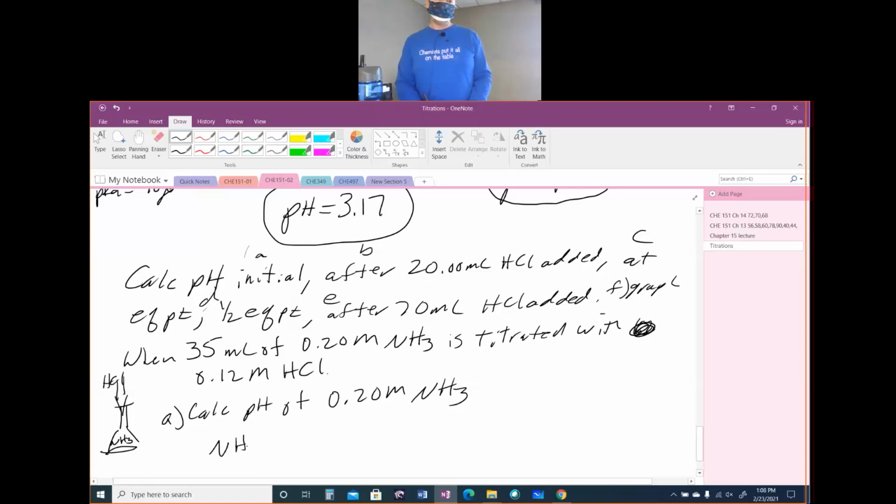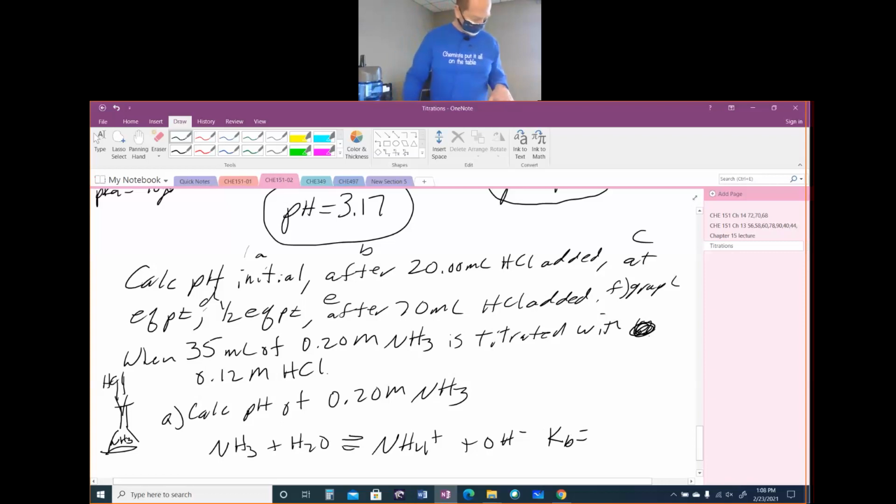So NH3 plus H2O goes to NH4 plus and OH minus. So you need to know that NH3 is a weak base, and so we have to look up the Kb value for NH3. And when you look up the Kb value for NH3, you find it to be 1.8 times 10 to the minus 5.